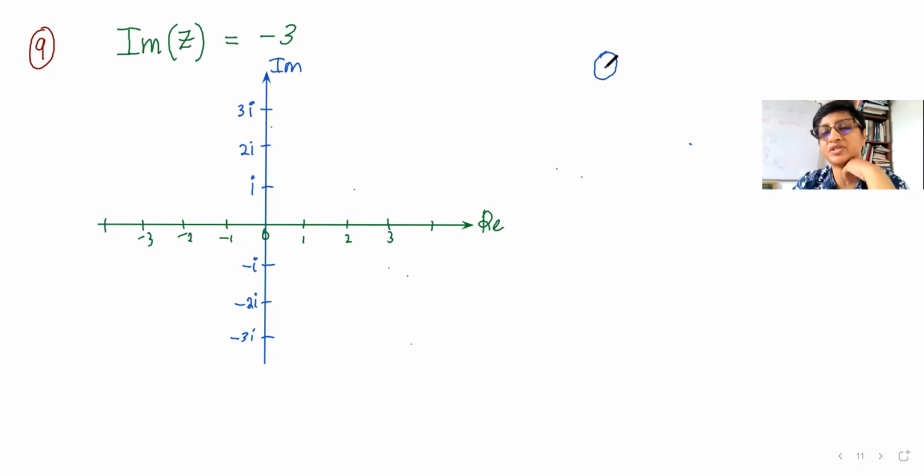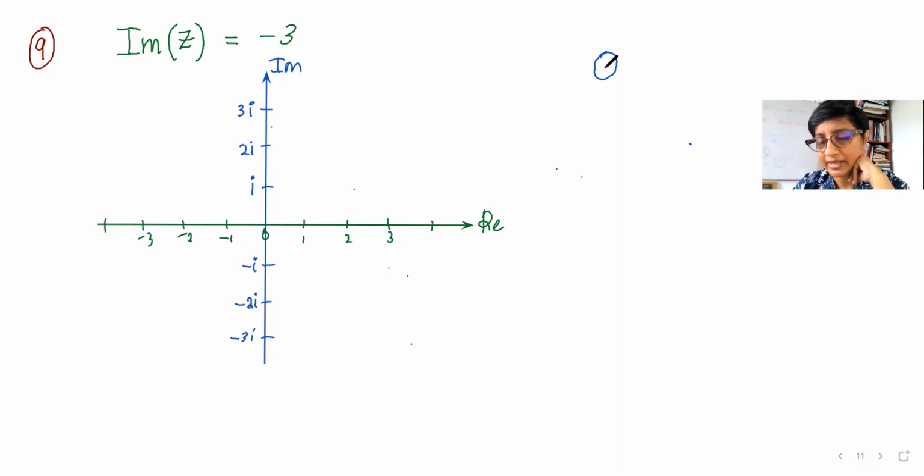What's the imaginary part of number 0? Any complex number, Nathan, has a real part and an imaginary part. Do you remember that? Yes, they have both.